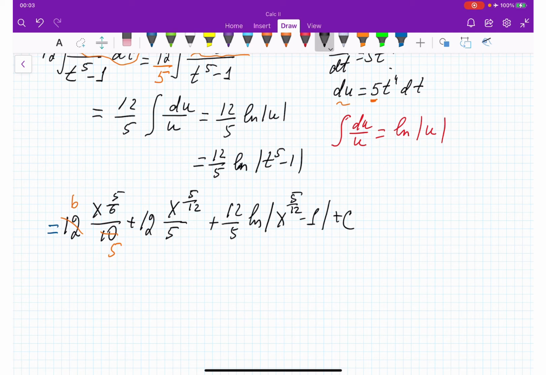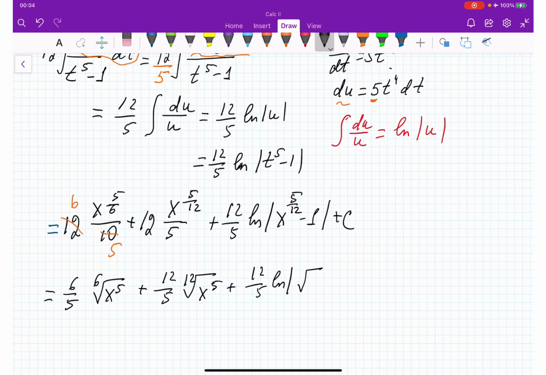So the final answer is going to be 6 over 5, x to the power 5, radical degree 6, plus 12 over 5, natural logarithm of radical degree 12 of x to the power 5, minus 1, plus c.